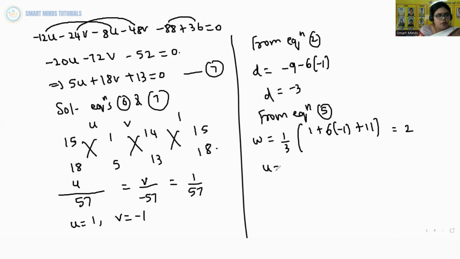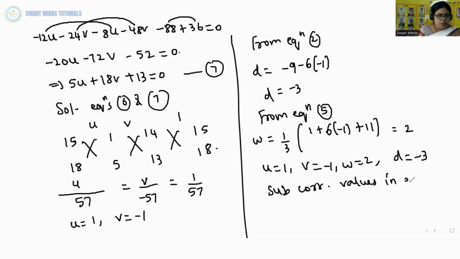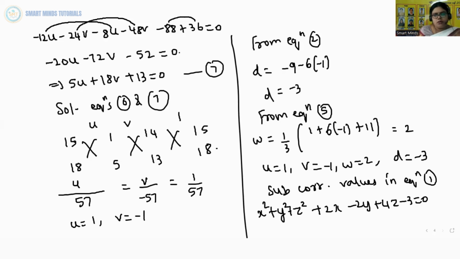So we got u as 1, v as minus 1, w as 2 and d as minus 3. Now substituting the corresponding values in equation number 1, we get x square plus y square plus z square plus 2x minus 2y plus 4z minus 3 is equal to 0. This is the required equation of the sphere.